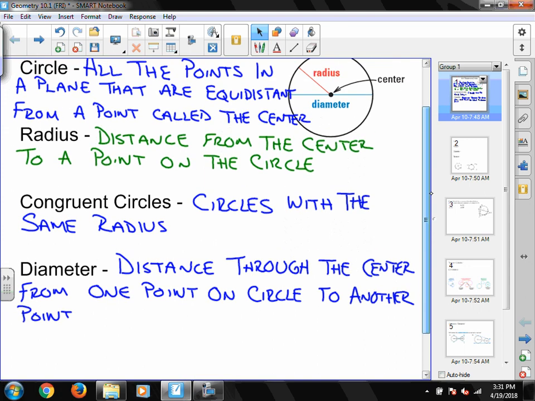So again, back to my picture up at the top on the right hand side here in blue on my screen. I know yours are in black and white, but the distance all the way across the circle through the center is the diameter. So the key here is that it has to go through the center. If it doesn't go through the center, that's going to be something else, and we're going to talk about that in just a second.